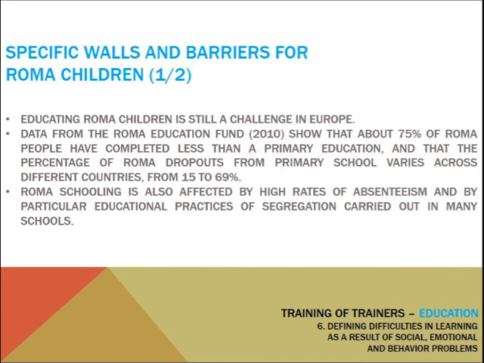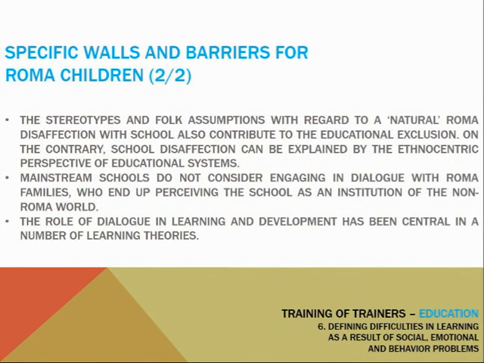In the UK, they developed an index to measure the inclusion or exclusion of Roma children. So the index for inclusion provides a framework through which schools can evaluate their culture, policy and practice in relation to inclusion.